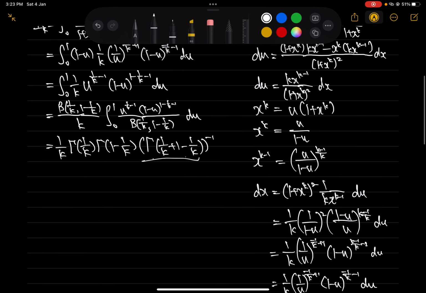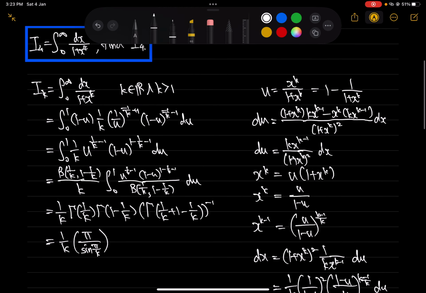Gamma of 1 is just 1, so we could ignore that. So we have 1 over k, and then gamma of 1 over k multiplied by this gamma function, we have this property. So we'd have pi over sine of pi over k on the bottom, and that's it for this generalization.